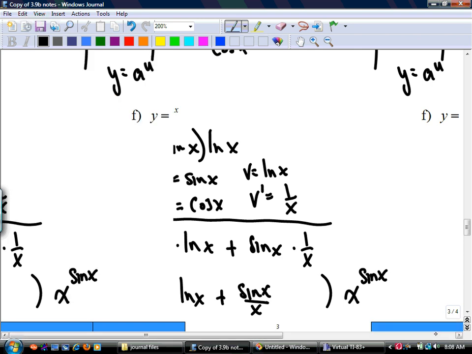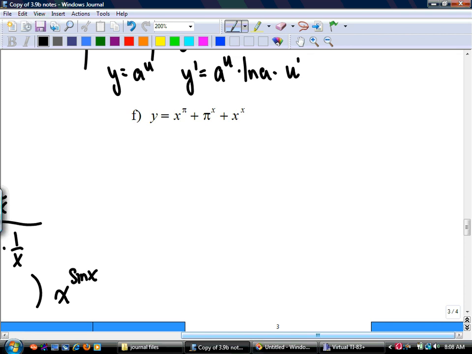Okay, one on the right. x to the pi, pi to the x, x to the x. Pardon me? So, do you want to do this by logging everything? No, we don't want to log everything right away. It's not going to help you. What's the derivative of x to the pi?